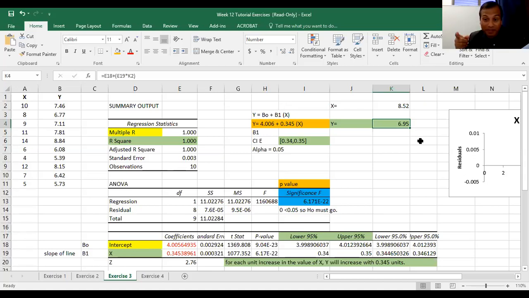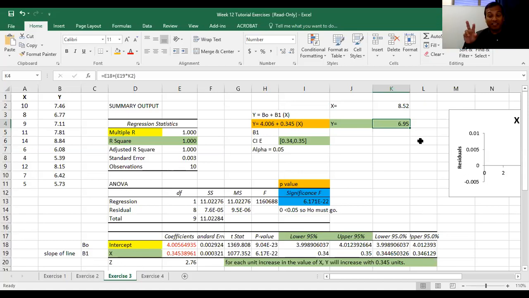But think about it: if it is lower 99 and upper 99, how much will the alpha be? 0.01. Exactly, you need to be careful. Or maybe upper 90% and lower 90%, then 0.1. Because it is 95 here, in the lower and upper CI, that's why I'm going ahead with 0.05. Otherwise, not.